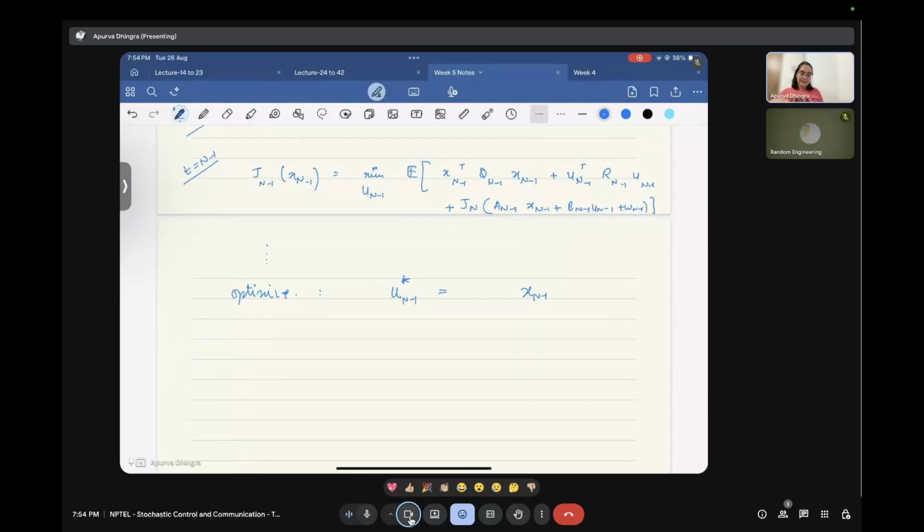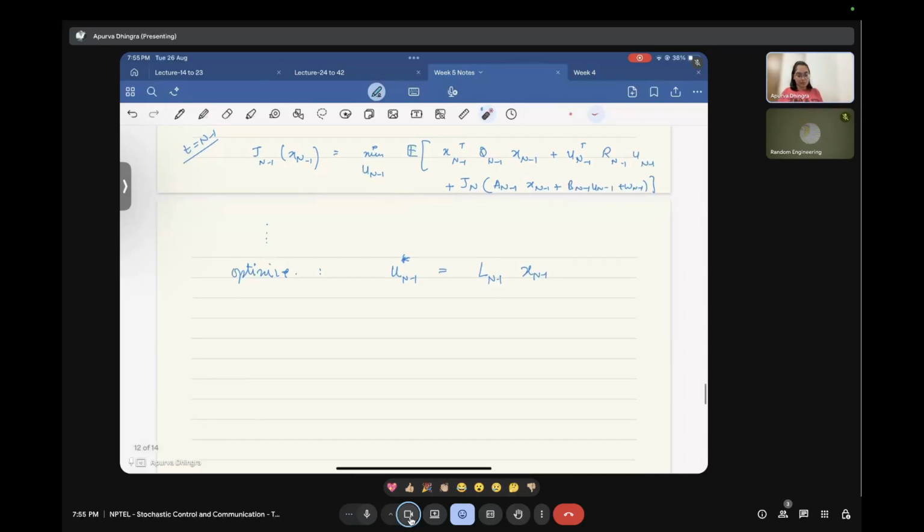So whatever the current state is decides what action should be chosen. And there's some l n minus 1 which depends on things like r, q, a and b. You can find out what that is. That's fairly straightforward to do.